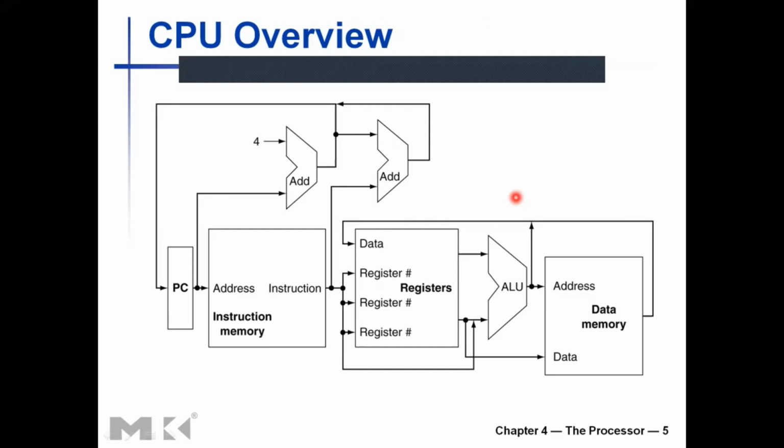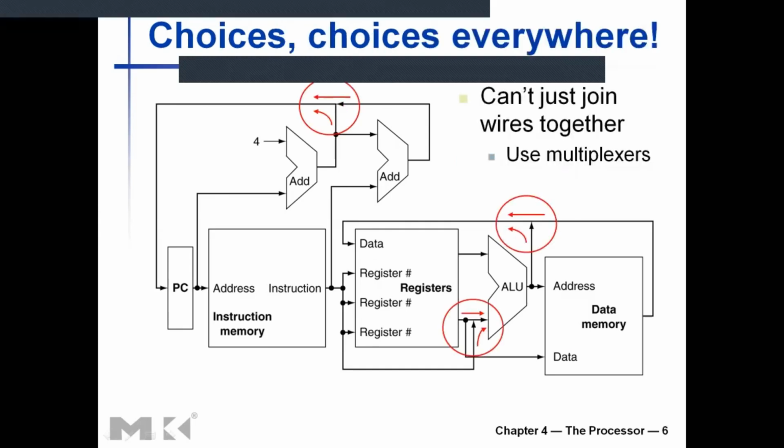Okay, right. So as you can see, there are places where we have some junctions like this, right? 2 different inputs coming from 2 different sides, and 1 output going into some logic element. So you can't just join wires like that, right?